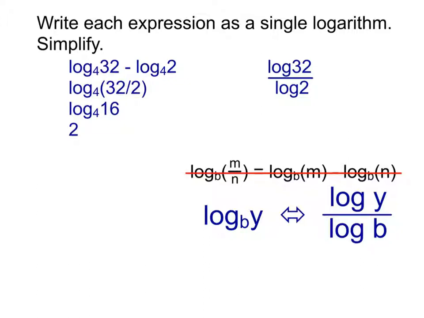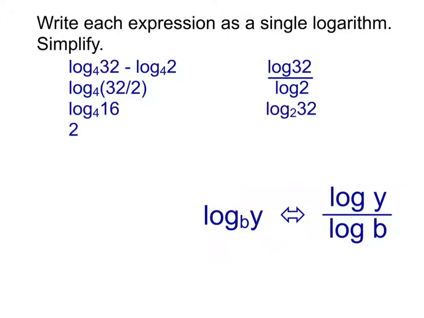But of course, it can work that direction. We can do that. And so we're going to take it from the division of logs into writing it as a single logarithm. Remember that the base always is the number that's on the bottom. And so you should be getting log base 2 of 32 here. Now we wrote it as a single logarithm.